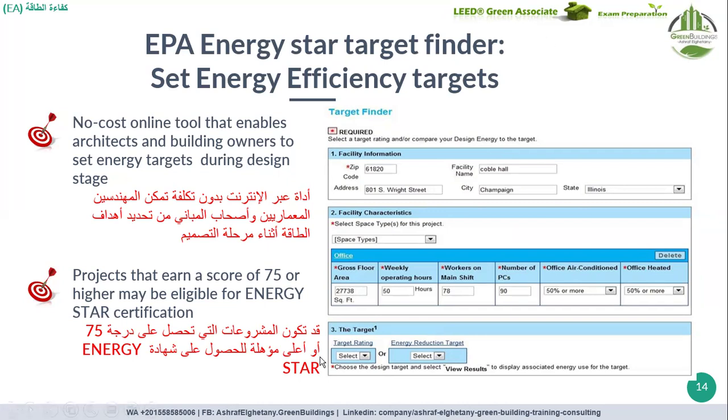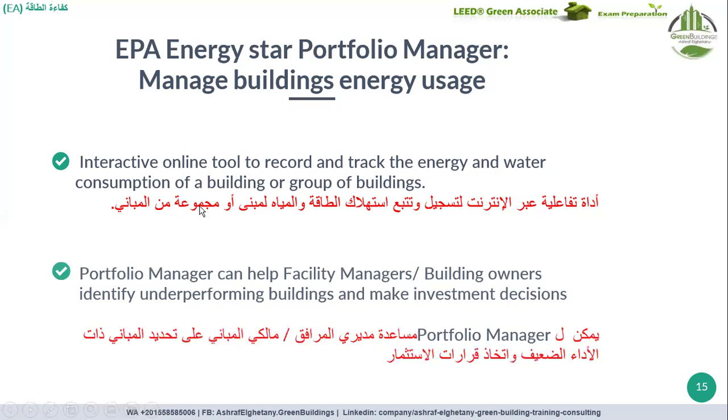A very simple tool to help you put some targets for your owners, clients. But if you are a facility manager and you need to manage a group of facilities, then you can use Portfolio Manager and use Energy Star to report your consumption.